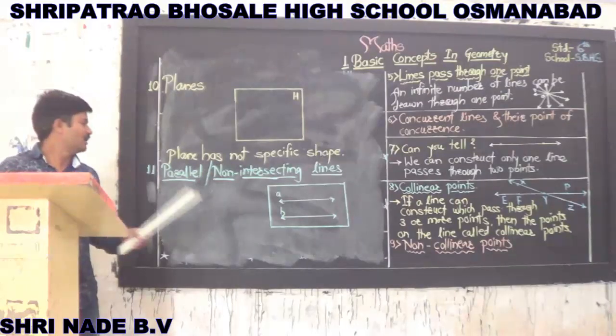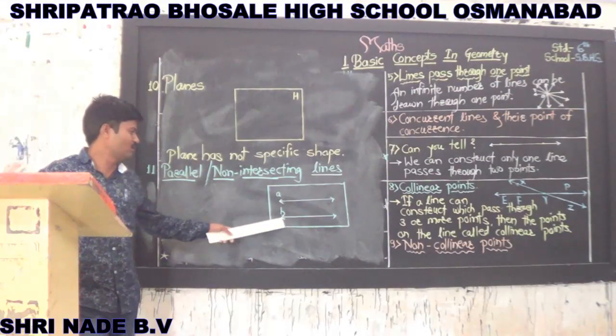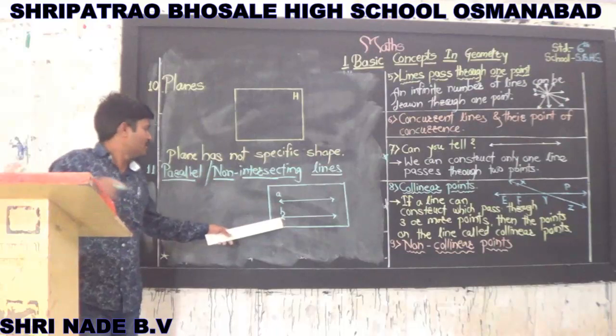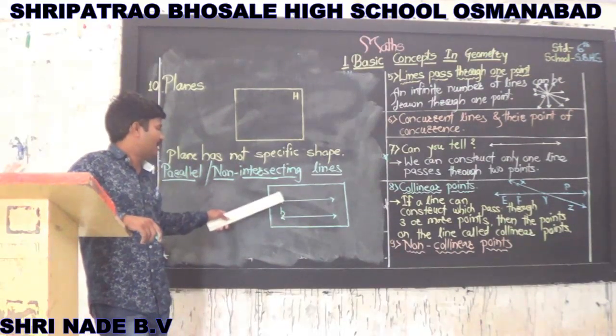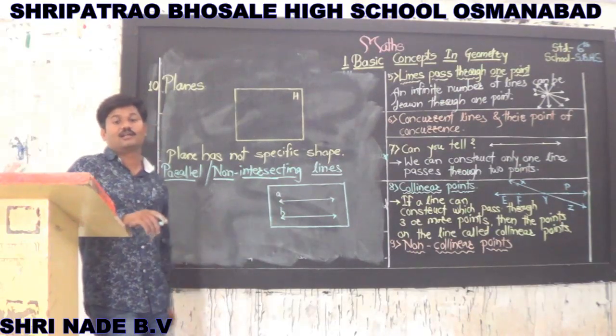Here on the blackboard, line A is parallel to line B. Similarly, we can say line B is parallel to line A.